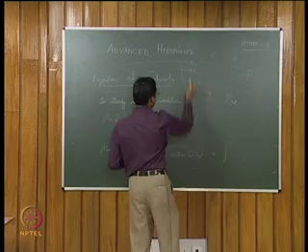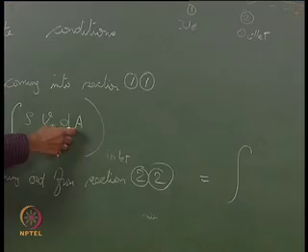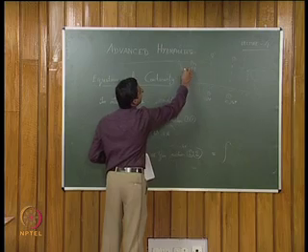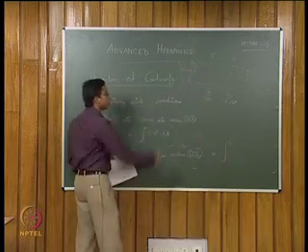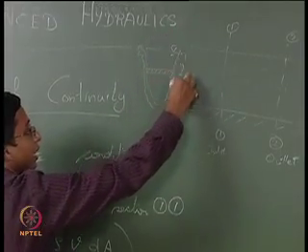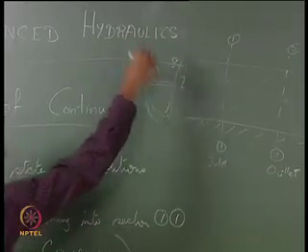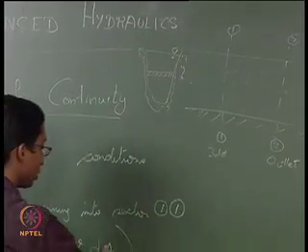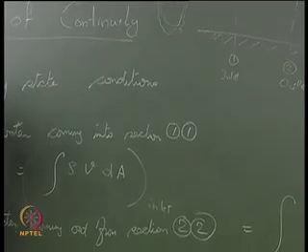Why this integral sign is given is that you are taking any arbitrary elemental area dA for the elemental strip, you are integrating the dA for the entire cross section. For that reason we have just given the integral sign.